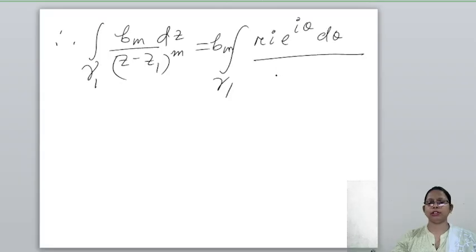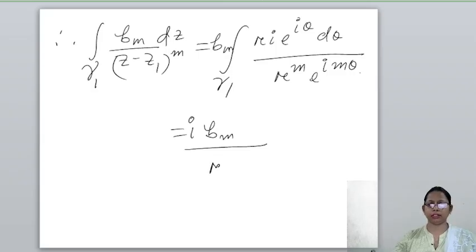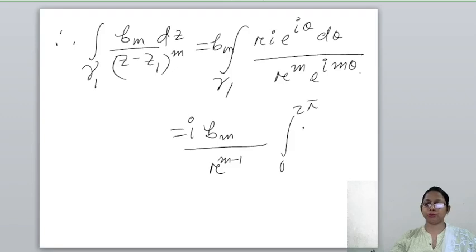This gives r^m e^(i m theta) in the denominator, and b_m can be taken outside the integral sign. It becomes r to the power m minus 1, and the integral goes from 0 to 2 pi. Since gamma 1 is a circle, theta varies from 0 to 2 pi, with e to the power minus i (m minus 1) theta d theta.